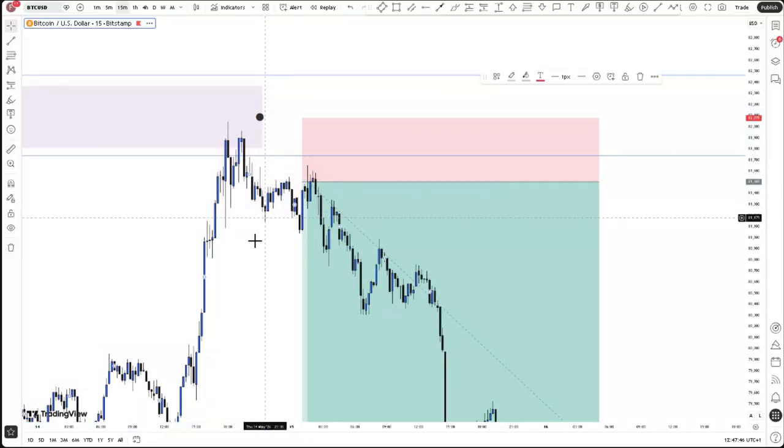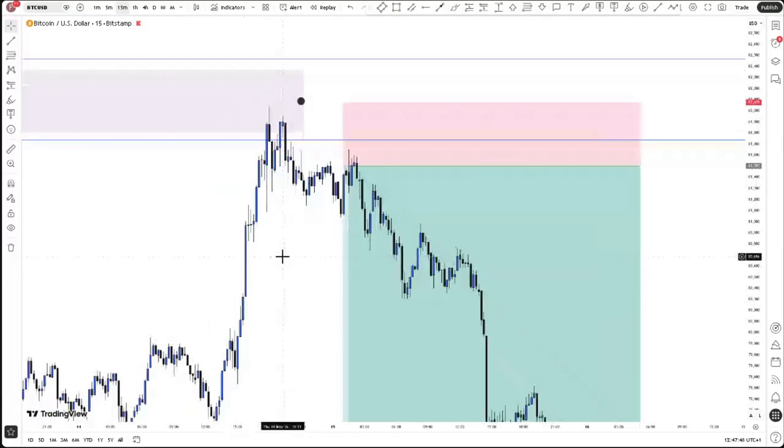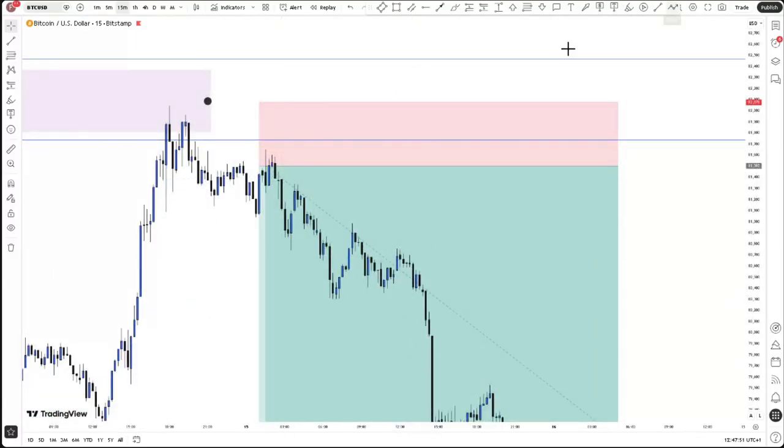Now, the minute price comes to the 4-hour key level, the next thing we want to see is market structure shift. So this is a pullback. Price came, failed to create a higher high. Price created a what? A higher low, meaning that price is shifting. So this alone is what we call market structure shift.